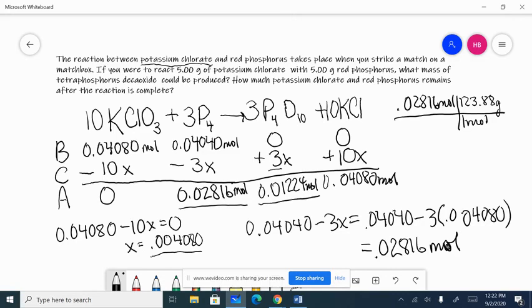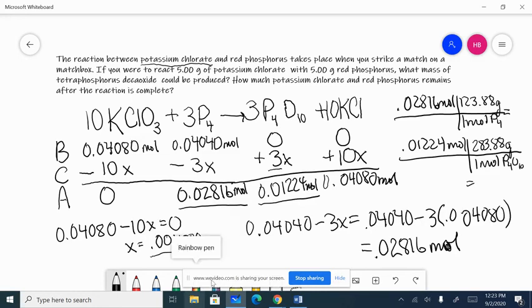This guy here, 0.01224 moles, multiplied by 283.88 grams per mole. Let's add the unit labels in there so we don't get confused. And that's going to give us a mass if they asked for it. But if they didn't ask for it, we don't necessarily need to worry about that. So that is just one additional limiting reactants problem for you to try to wrap your brain around the BCA chart.